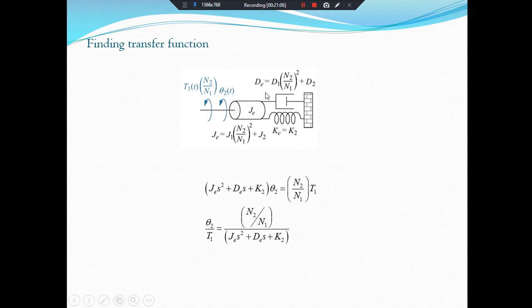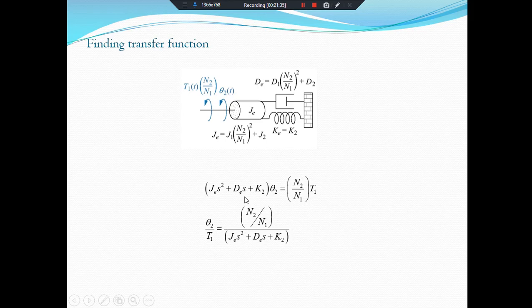This is theta 2, and we have written here the equivalent impedances. This is the damper equivalent, this is the spring equivalent, this is the inertia equivalent, and again we will write the equation of motion. This is the applied force, and it will be equal to the sum of the impedances multiplied by the angular displacement. These are the J equivalent S square, as it is second order.